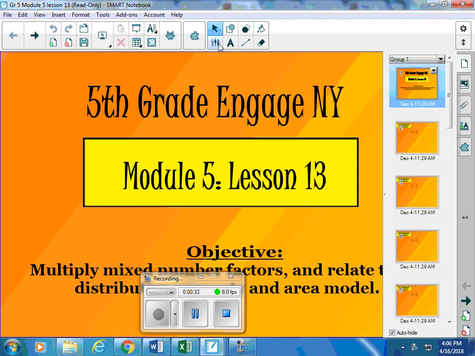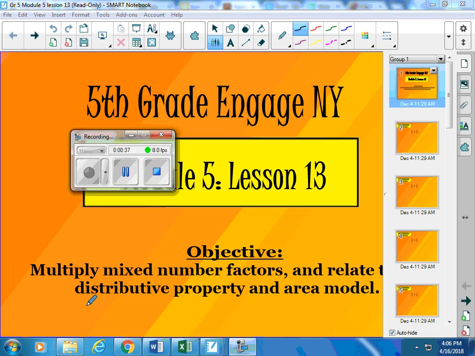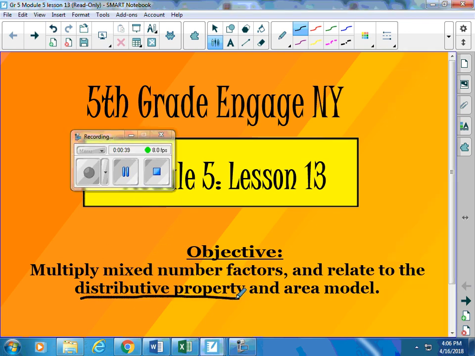So the key word here that's going to be a little bit tricky for us is this idea of distributive property. And the reason for that is because we have just been multiplying the measurements instead of breaking it down and using that partial sums method. So we're going to continue doing that today.